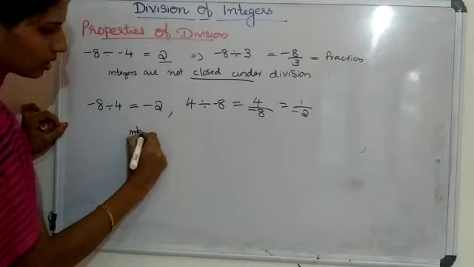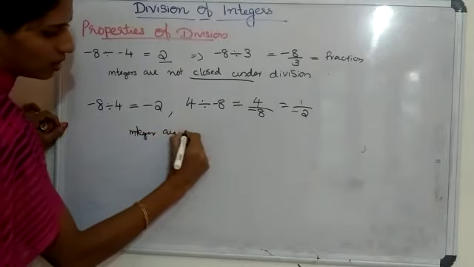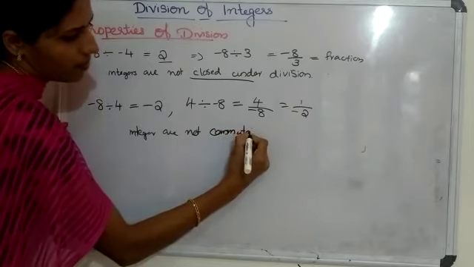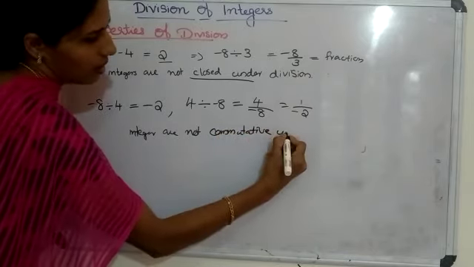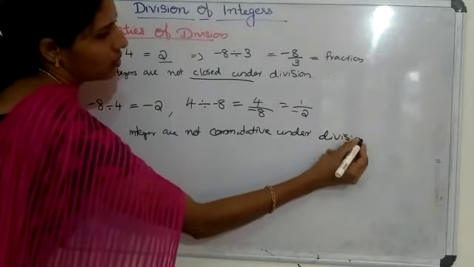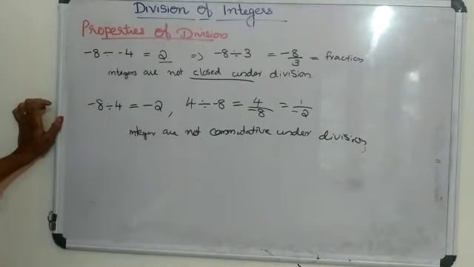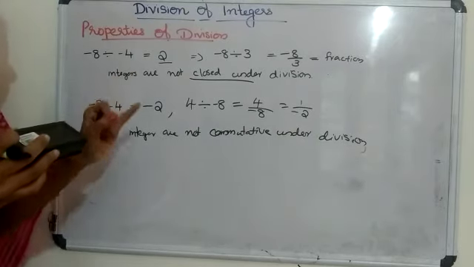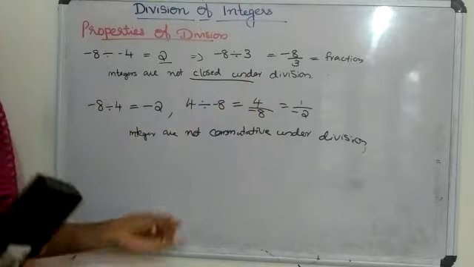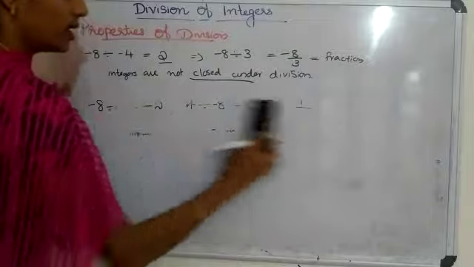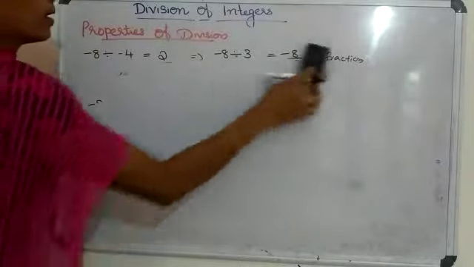So integers are not commutative under division. Same way we cannot apply the other properties too. So the integers are not closed under division and integers are not commutative under division. Is it clear? Okay.